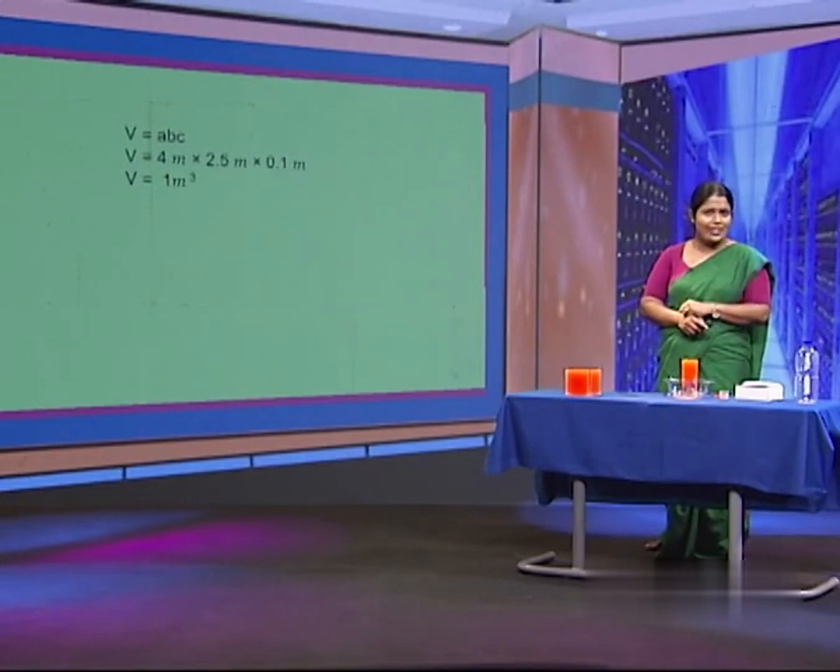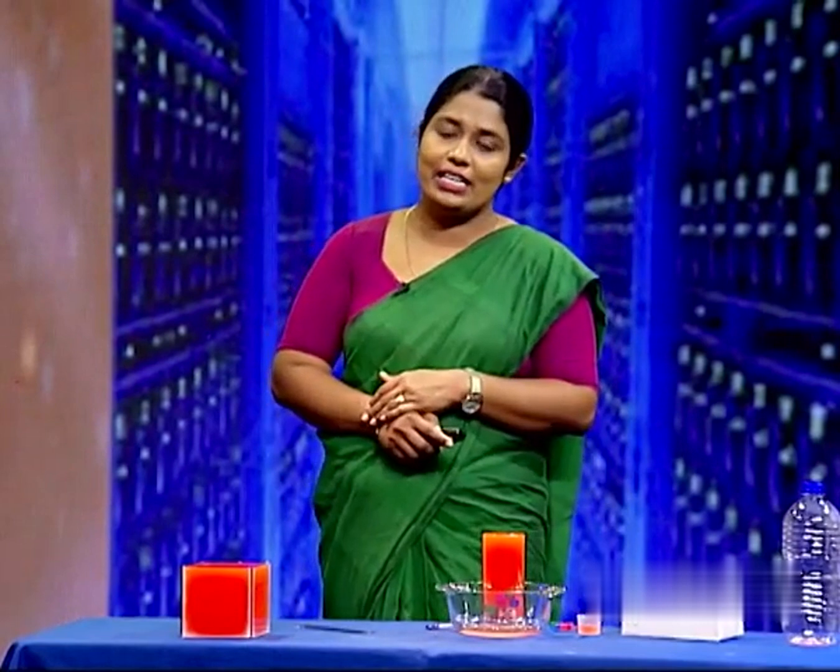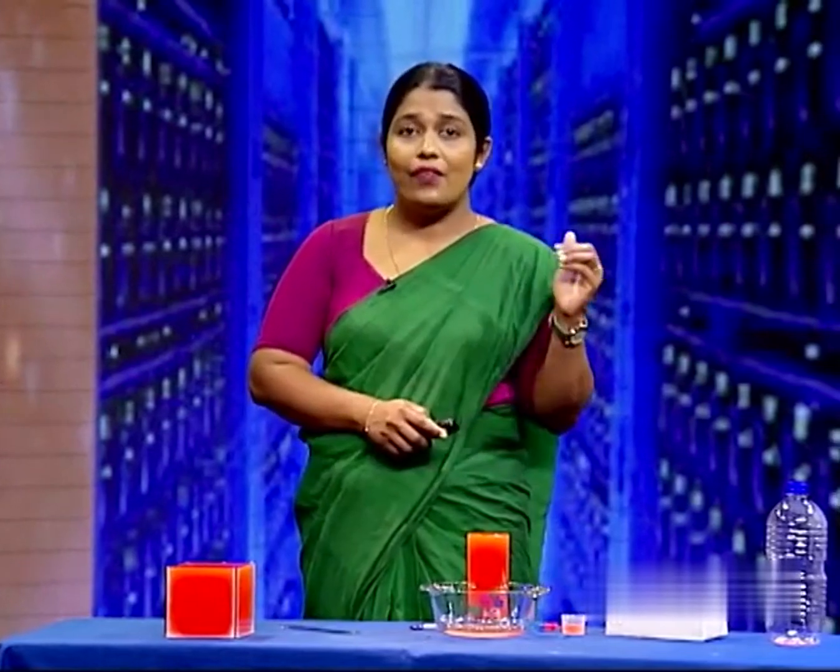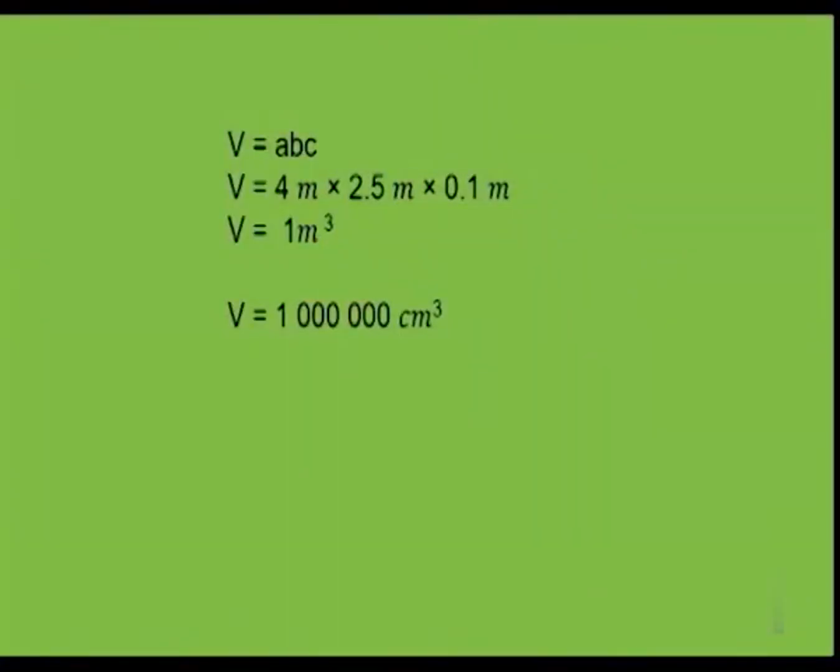How do you convert this one? Yes, we can convert cubic meters into cubic centimeters. You already know that 1 cubic meter is equal to 1 million cubic centimeters. So, you can write the volume as V equals 1 million cubic centimeters. 1 cubic centimeter is equal to 1 milliliter, so you can convert this value into milliliters also.